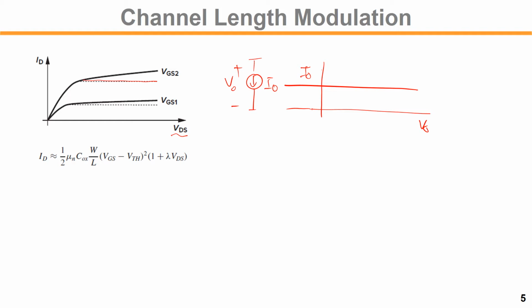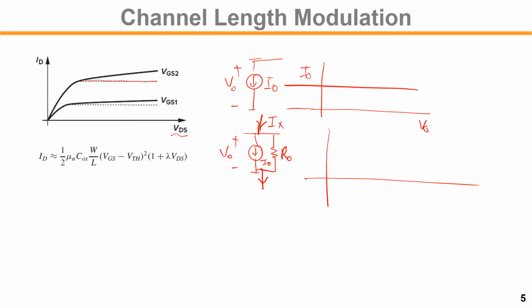What if we have a non-ideal characteristic, like a resistor across the I0 current source? What would be the relationship between voltage and current through this terminal? This is the actual IX, for example.